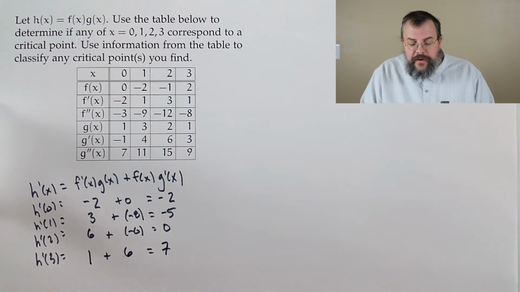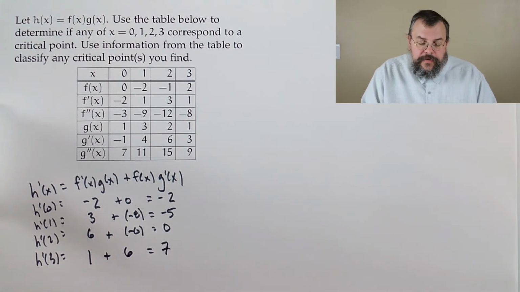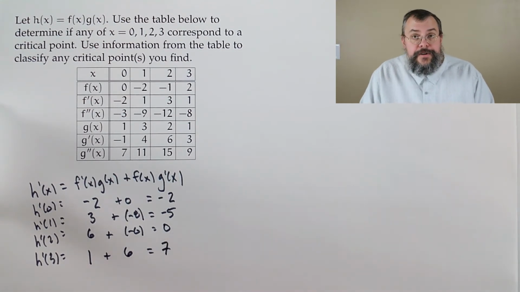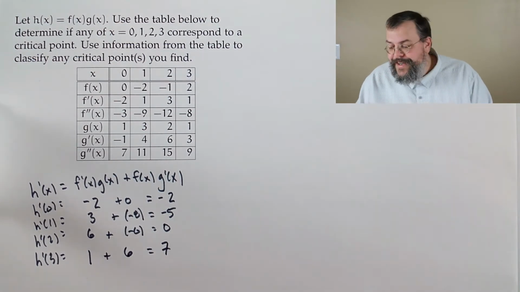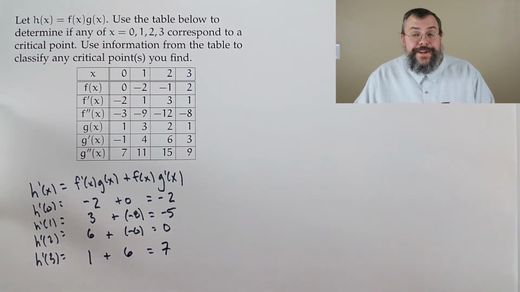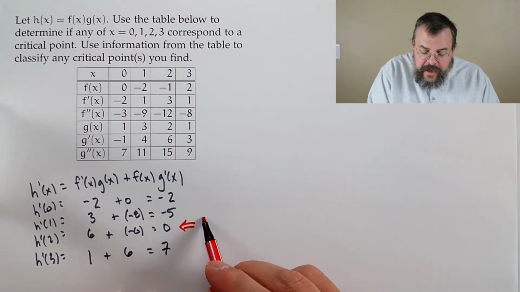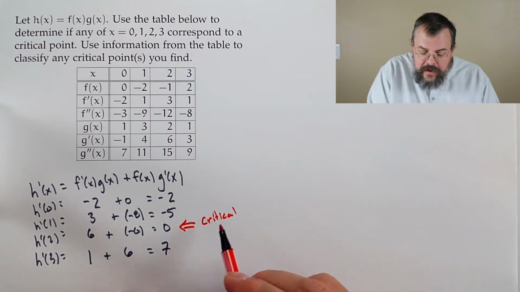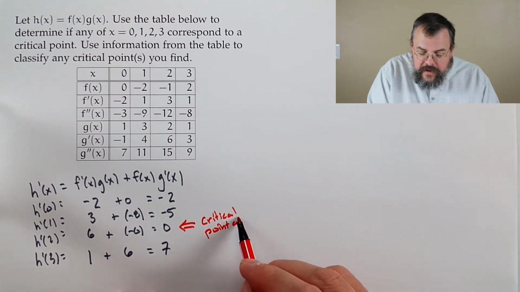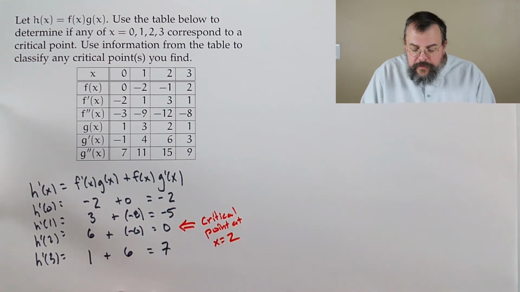All right, so we now know we have a critical point where our first derivative equals 0. There's one place, a critical point at x equals 2. Nice.